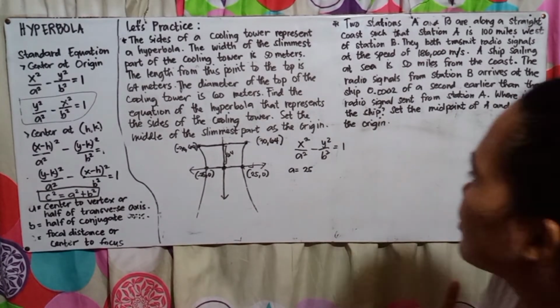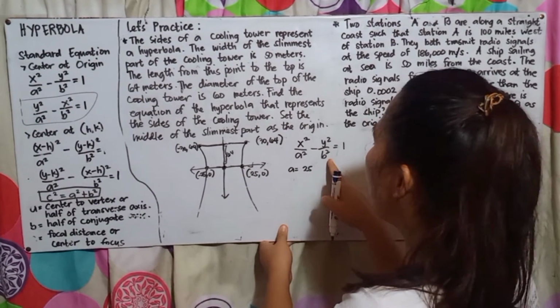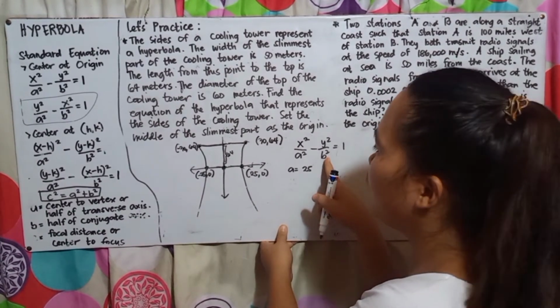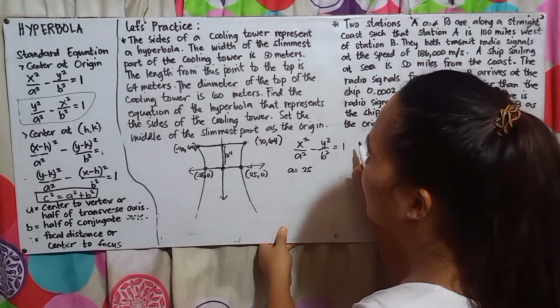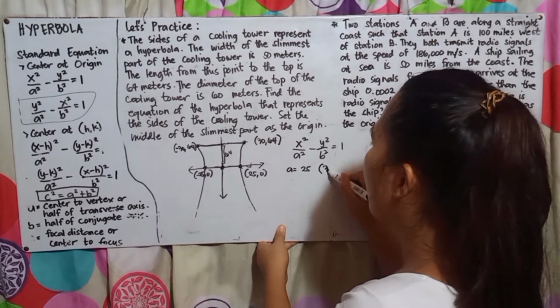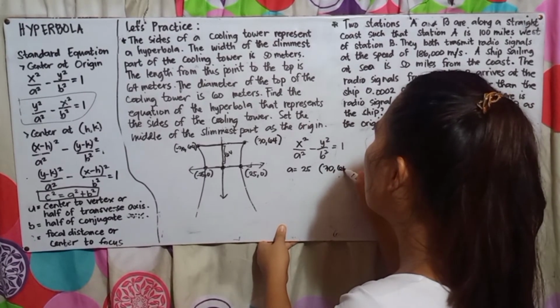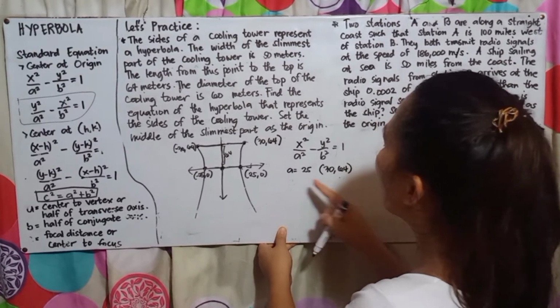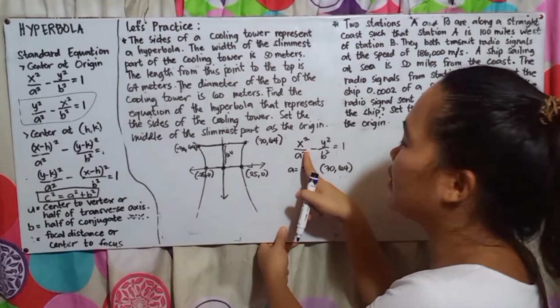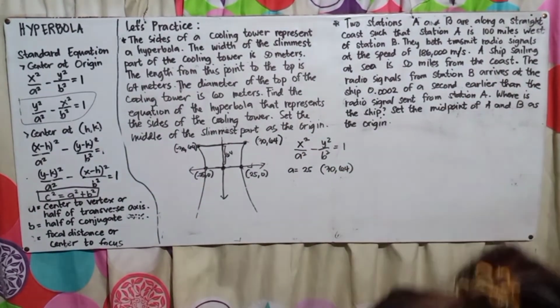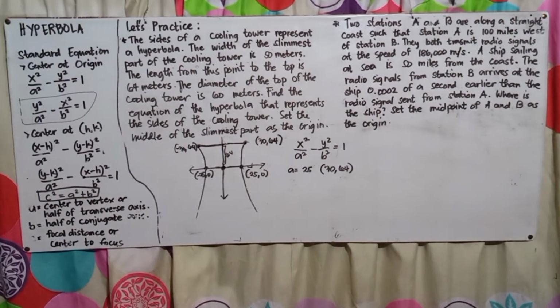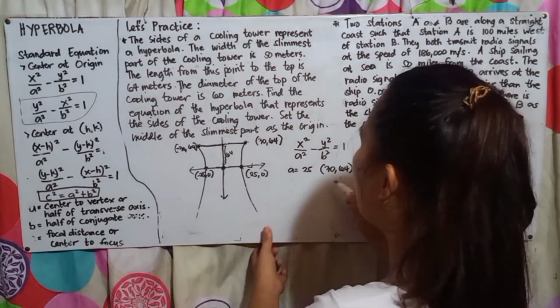Since we know A equals 25, we cannot identify B yet. But a point is given: (30, 64). So, we substitute it into our equation.